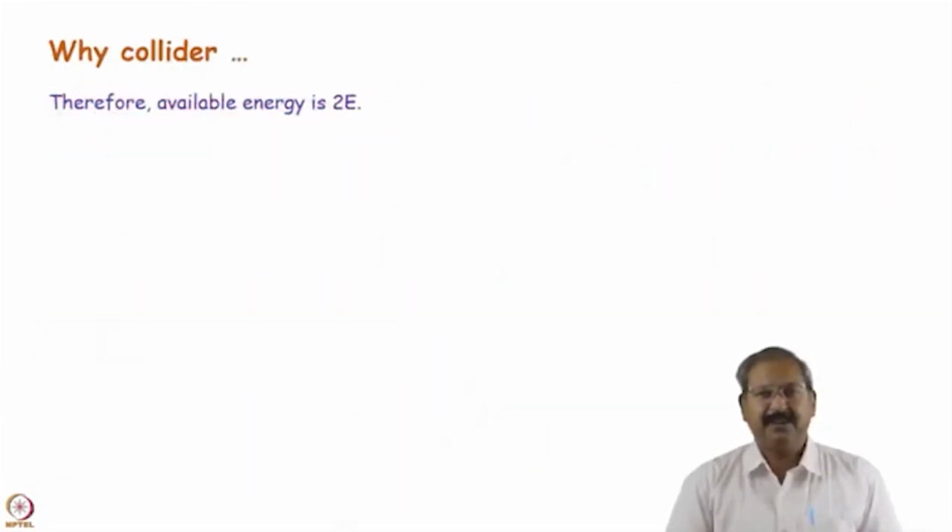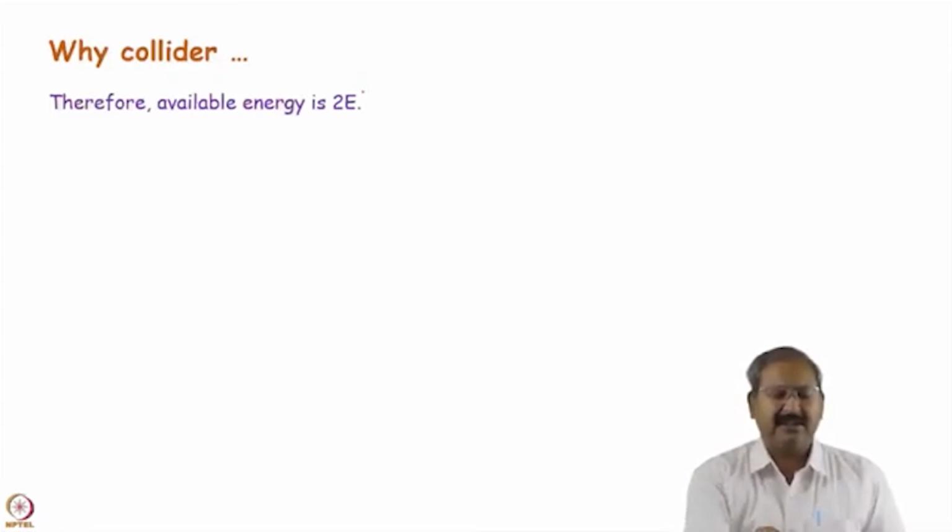So if two particles having the same energy E are colliding in the collider, then the center of mass energy will be 2E. This center of mass energy is available for new events, meaning new creation of particles.